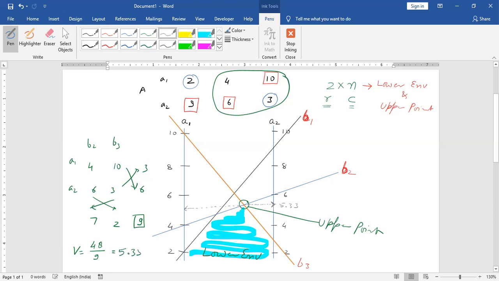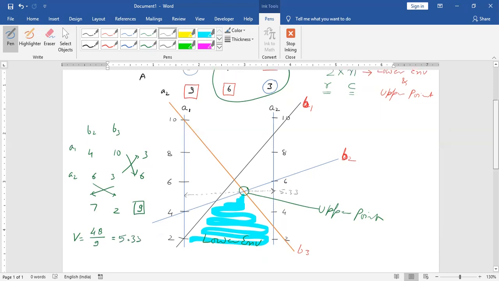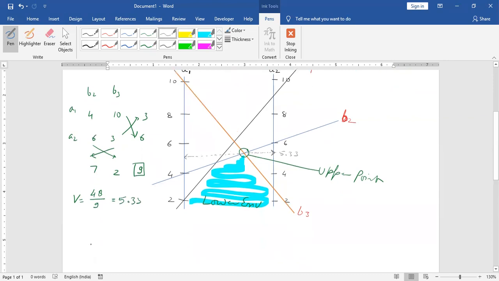Similarly, now I'm going to calculate the strategies. The strategy for player B is 0, because B1 is not there, B2 is there, so 7 by 9 and 2 by 9. The strategy of player A is 3 by 9 and 6 by 9.